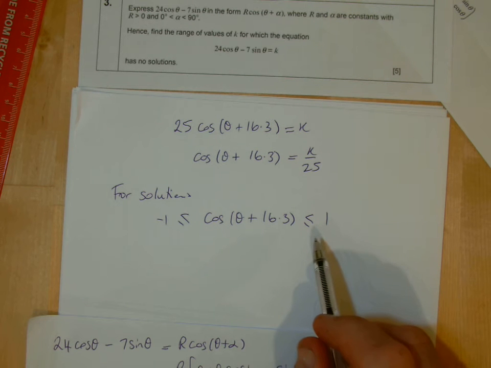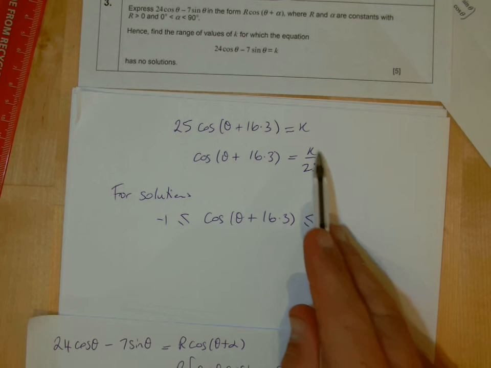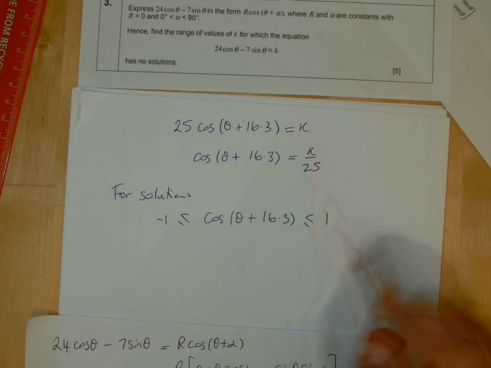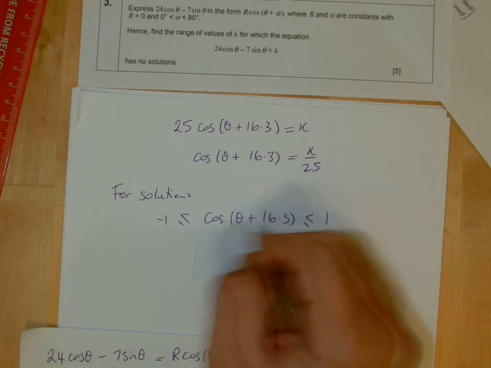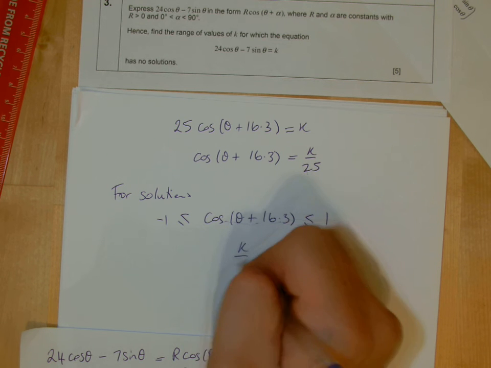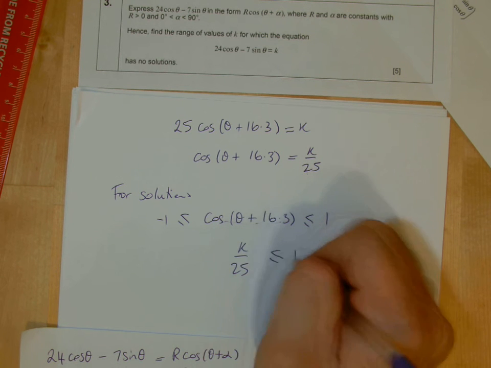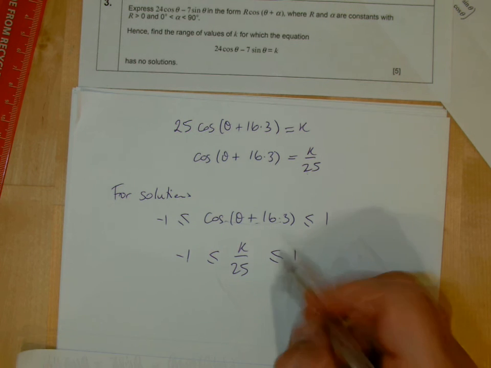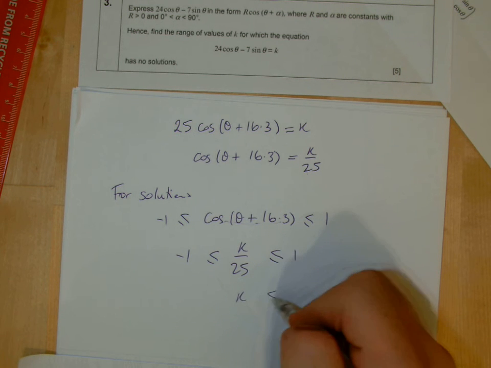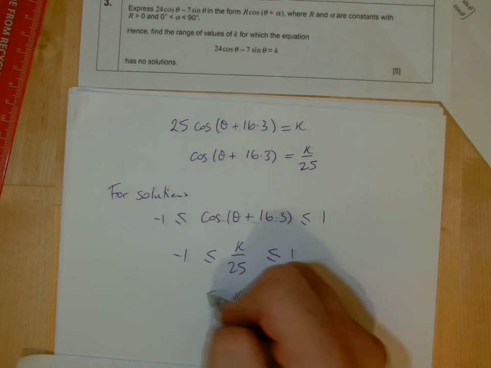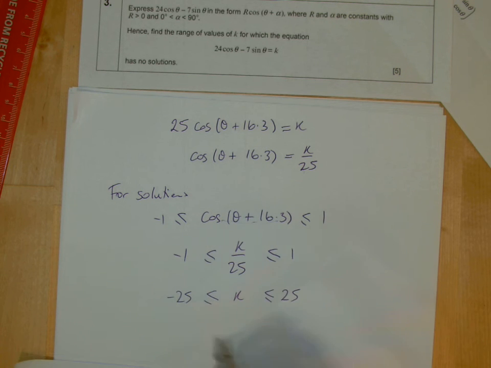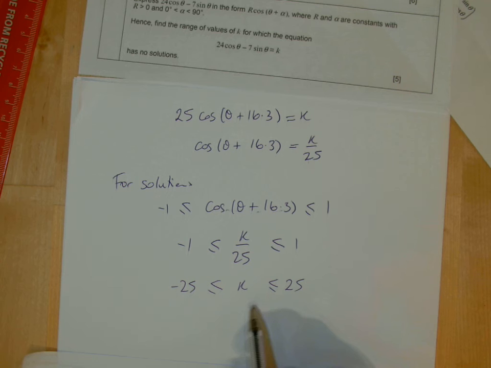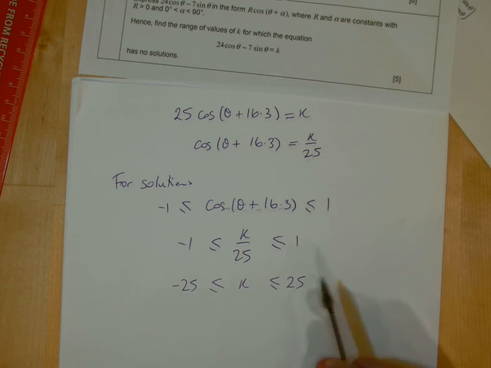So we can replace this with k over 25. We can say k over 25 has got to be less than or equal to 1 and greater than or equal to minus 1. We can times through by 25, so k has got to be less than or equal to 25 and greater than or equal to minus 25. In other words, k has got to be between minus 25 and 25 for solutions.